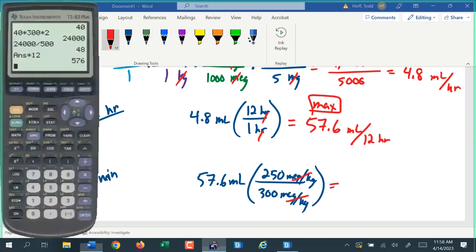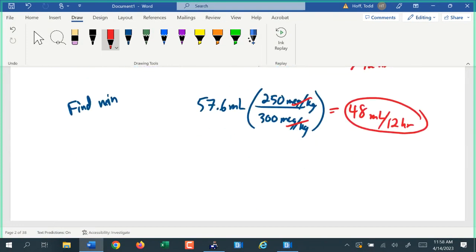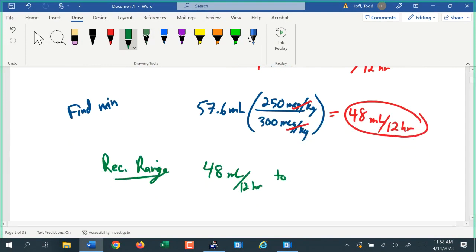We take our 57.6 times 250 divided by 300. And we get 48 milliliters. That's per every 12 hours. So here, the recommended range is 48 milliliters every 12 hours to 57.6 milliliters every 12 hours.